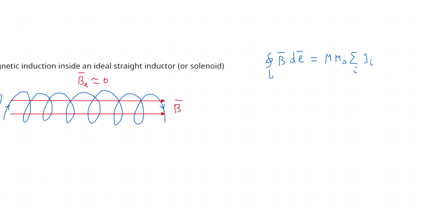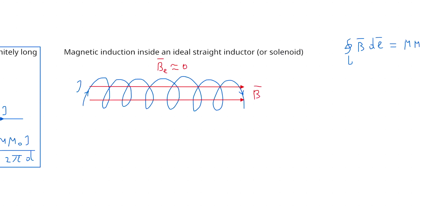The first step of using Ampere's circuital law is to choose the best closed circuit L. Do you have any ideas what type of circuit should we choose?